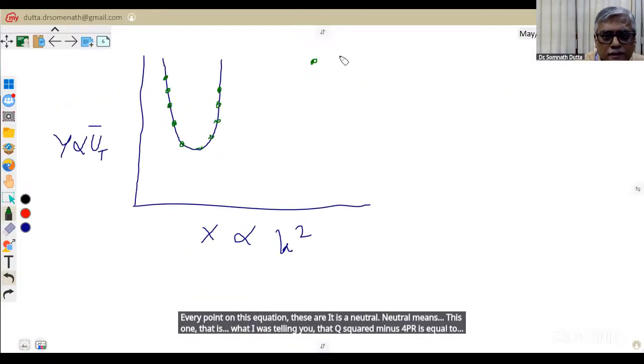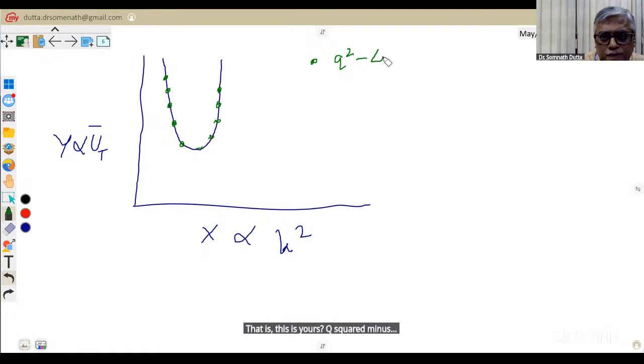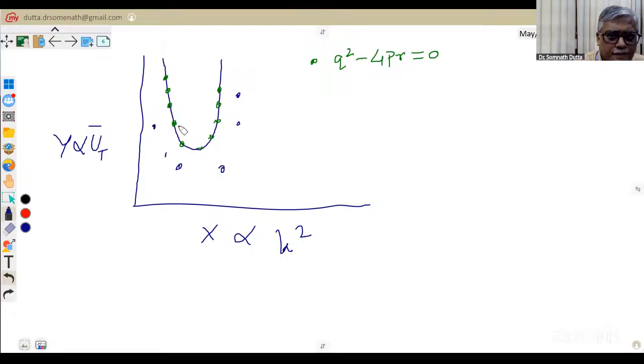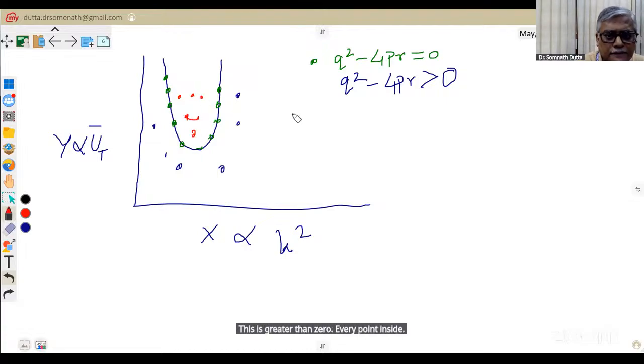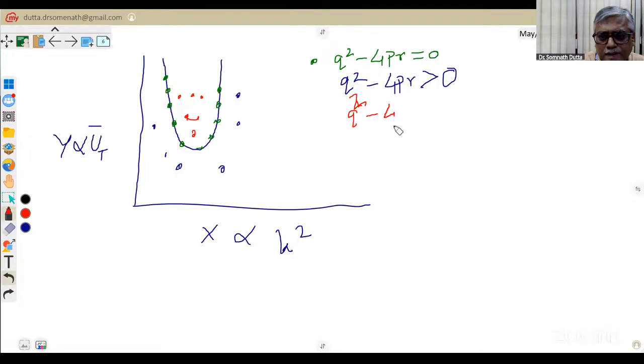Every point outside is greater than 0, and every point inside has q square minus 4pr less than 0. This curve is known as the neutral curve.